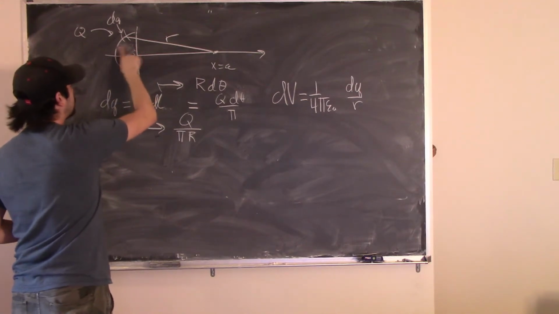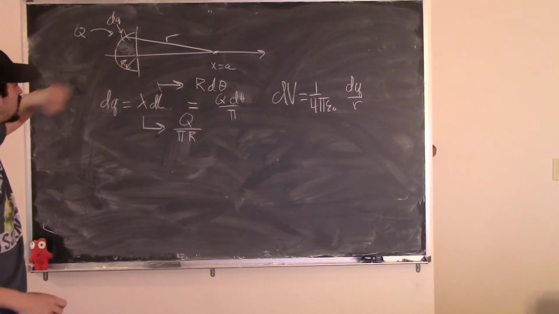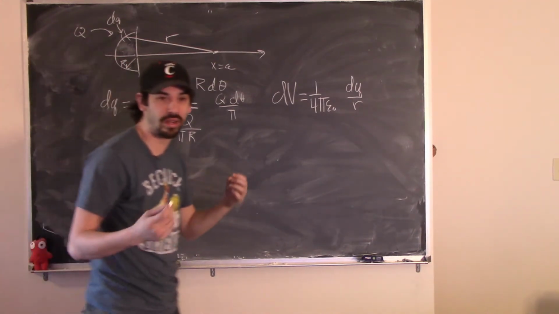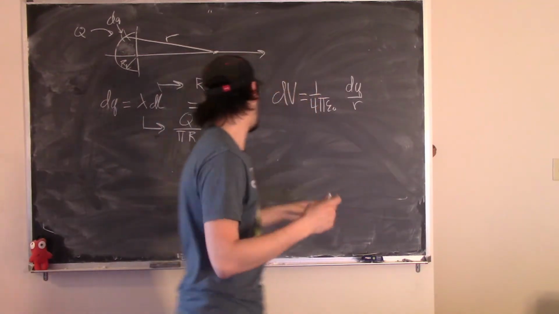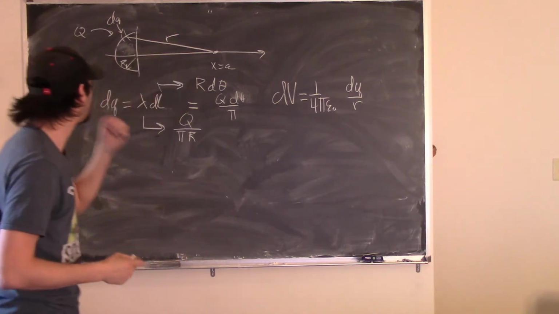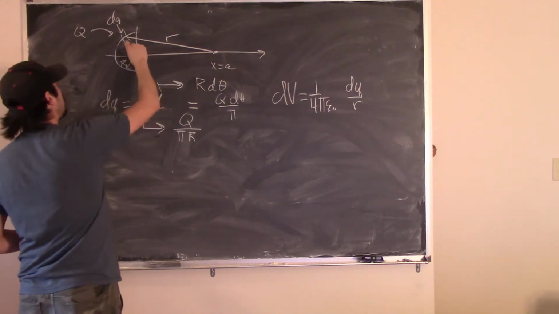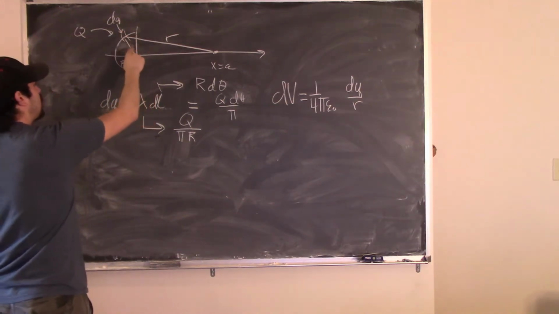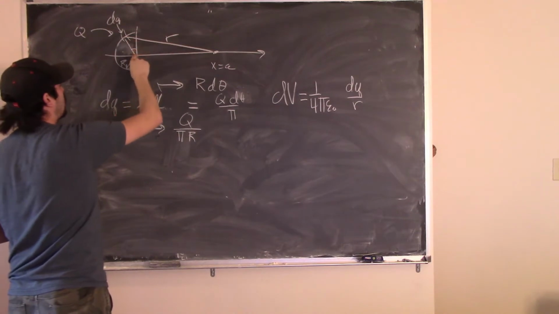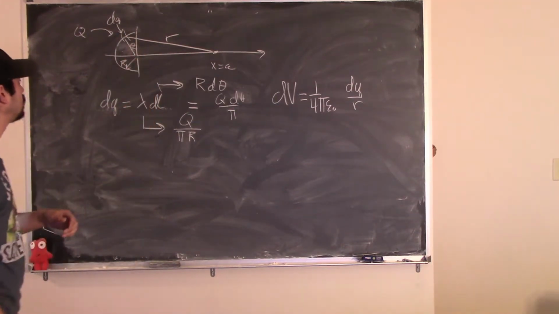To find what this r is, the first thing I'm going to do is get rid of this capital R here. I can put it down here. The first thing I need is some kind of right triangle where I can find r with the Pythagorean theorem. So I'll say this is some distance r that connects from the origin to the arc of the circle, and there's some angle theta here.